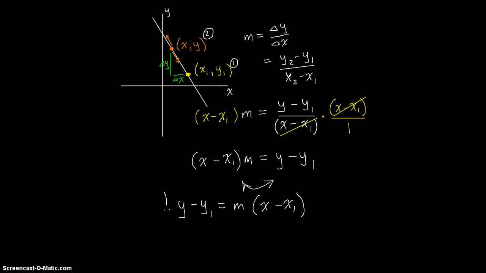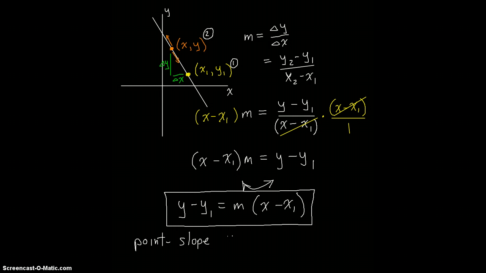This particular form is called the slope. We've got the slope and a point, x1, y1. So we call it the point slope form of a line. Just another form of a straight line.